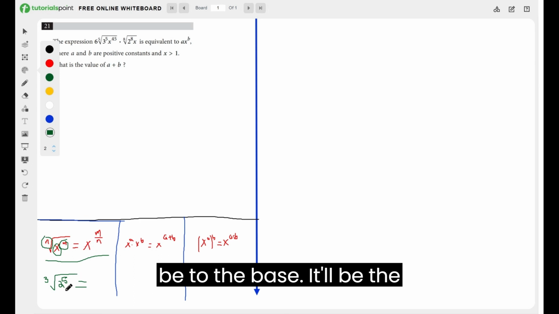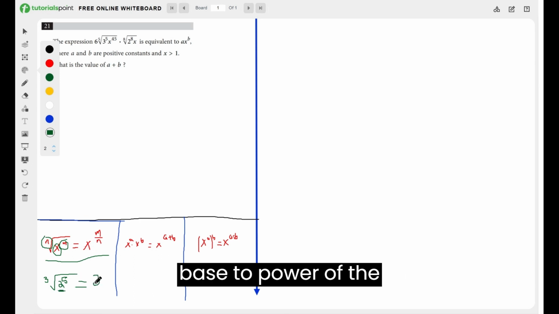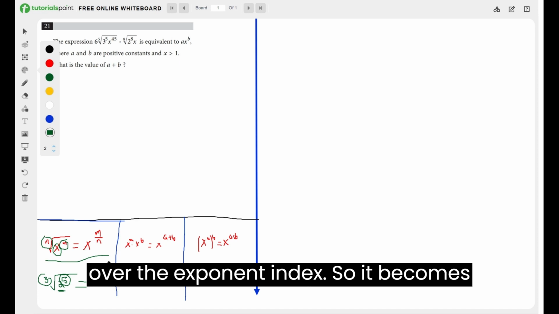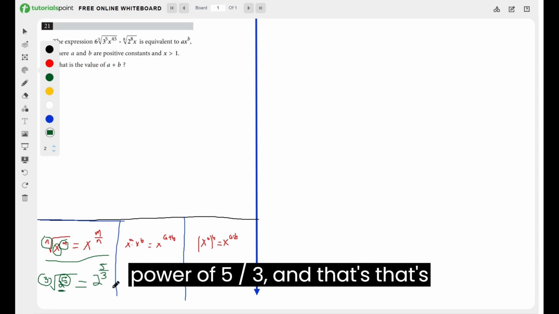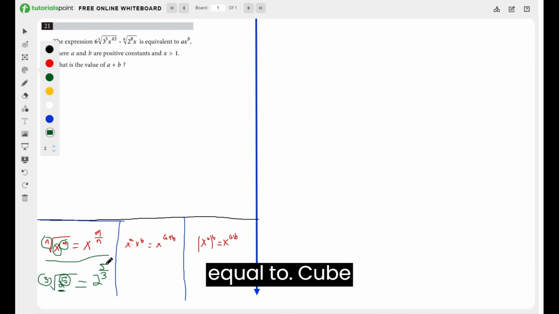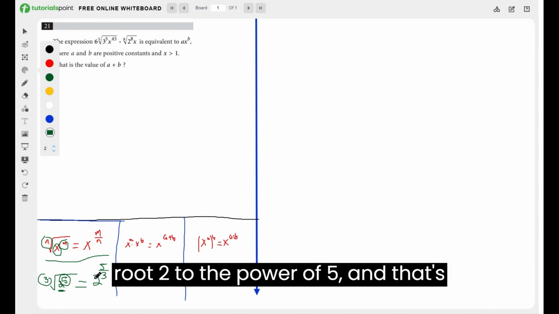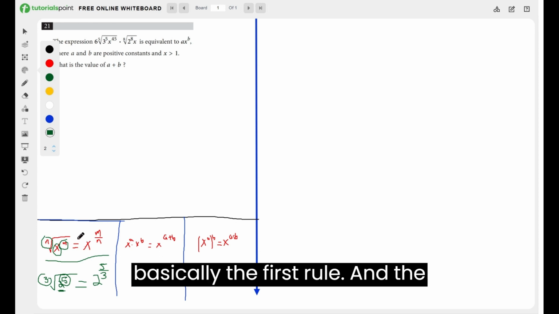Then it would be the base to the power of the exponent over the index, so it would become 5 over 3. It would be 2 to the power of 5 over 3. And that's equal to the cube root of 2 to the power of 5. And that's basically the first rule.